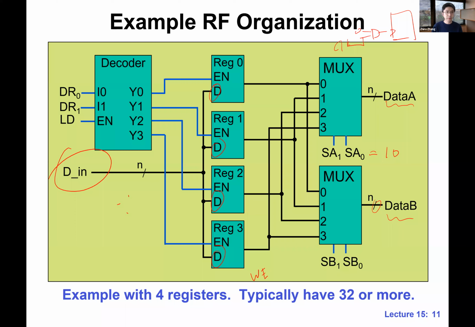Oh, where does it get written? Good question. Since we have a decoder here, only one of the lines is hot. If LD is 1, let's say here, I should have clarified, if DR0 is 1 and DR1 is 1, which register do we write to?